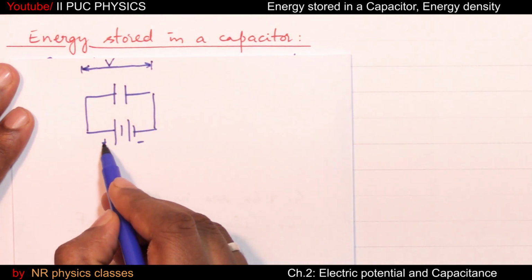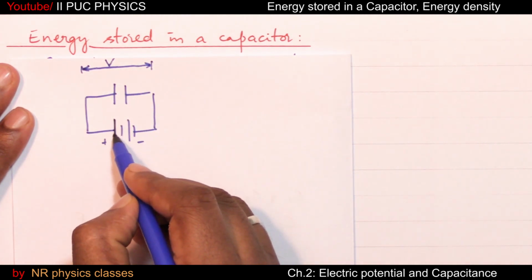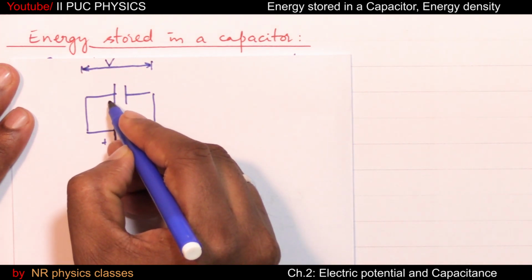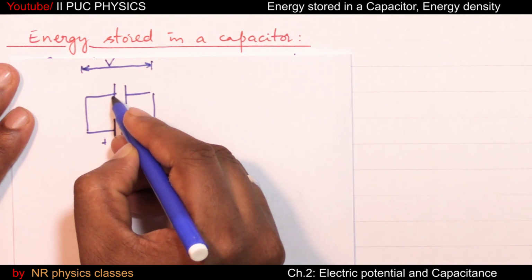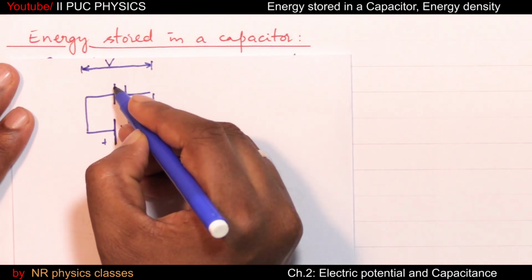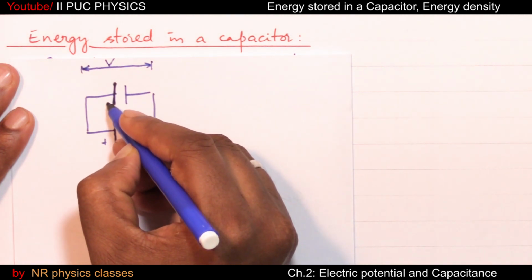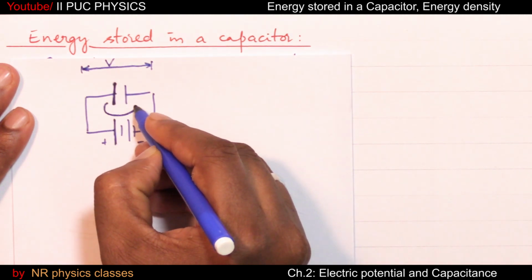Because of this positive potential of the battery, electrons are withdrawn from this plate. Because this positive terminal can attract electrons, conduction electrons present in this plate are transferred to the other plate.